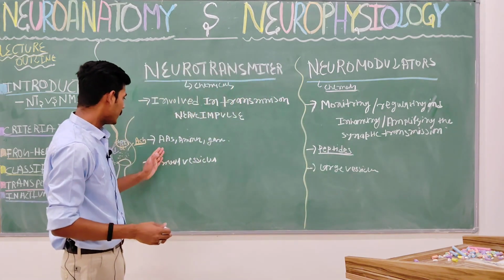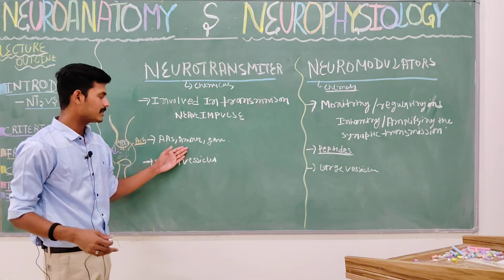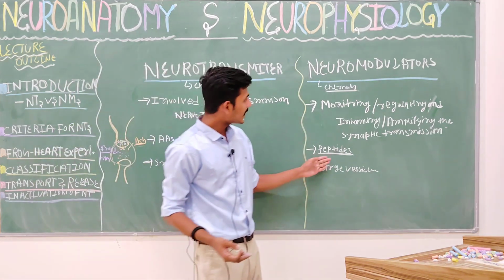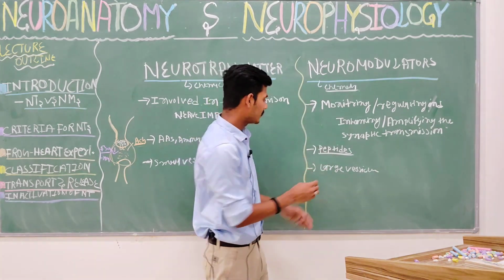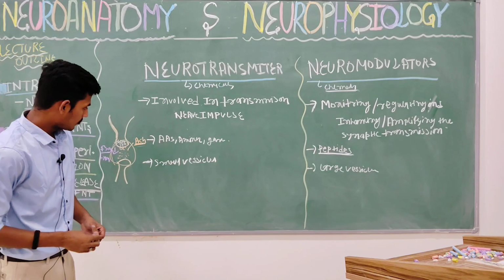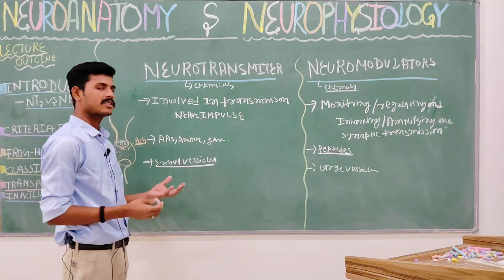Understood? No problem. Then if we talk about their chemical nature, neurotransmitters are either amino acids, amines, or gaseous. Whereas the chemical nature of neuromodulators is only peptides. Now about their storage, neurotransmitters are stored in the small vesicles.